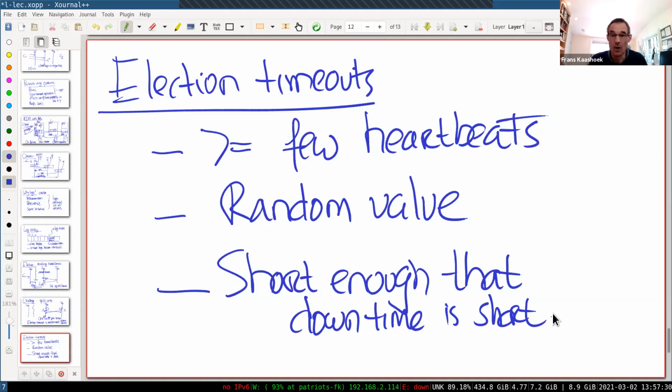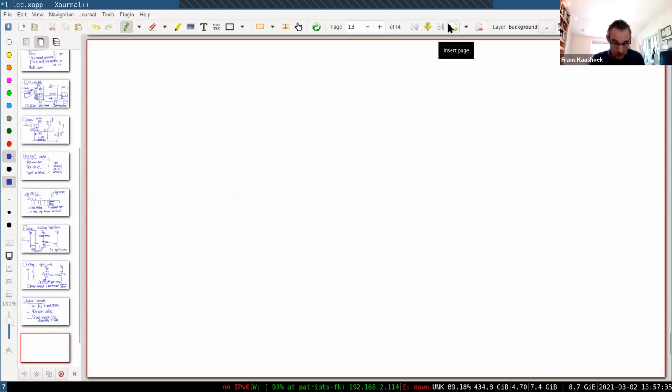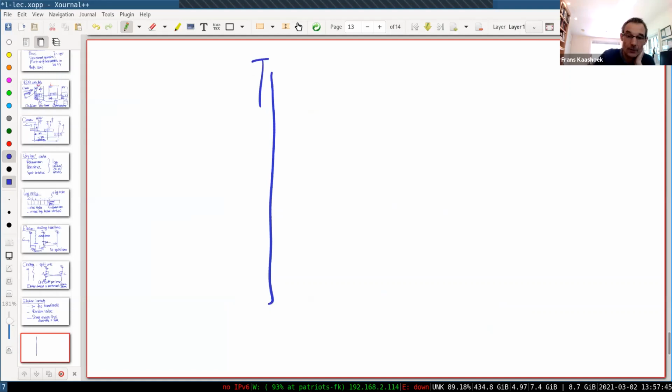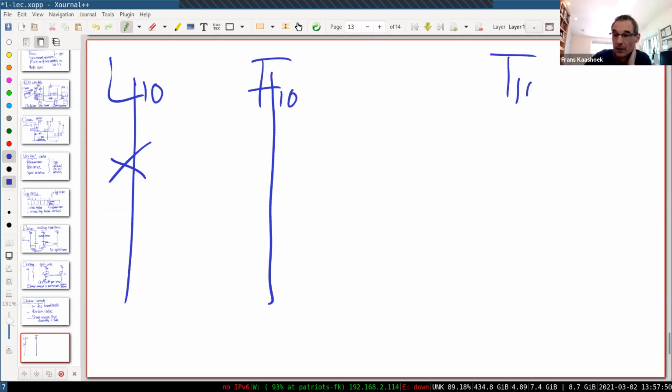Okay, I want to make one more point about the elections. Another scenario that is important to consider is we have a leader and followers, and the leader goes down. This was term 10, and here's follower 1. We already talked a little bit about it.